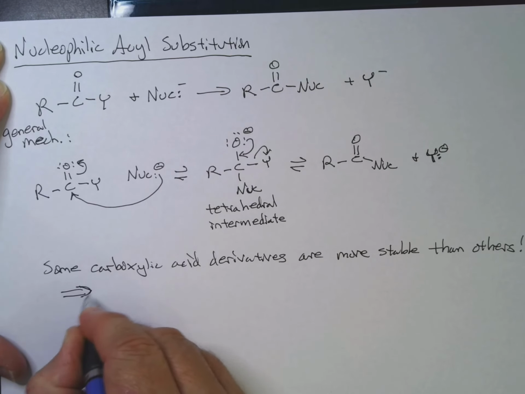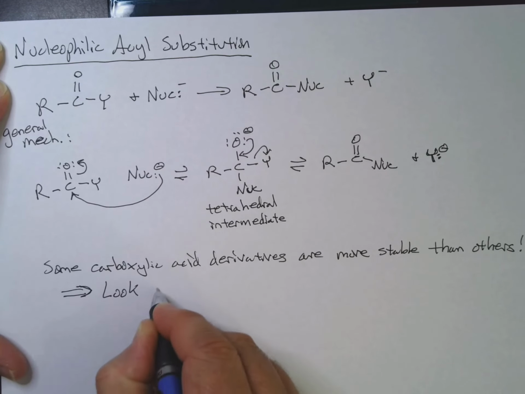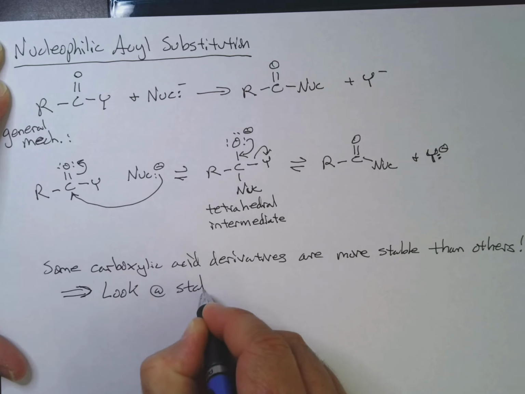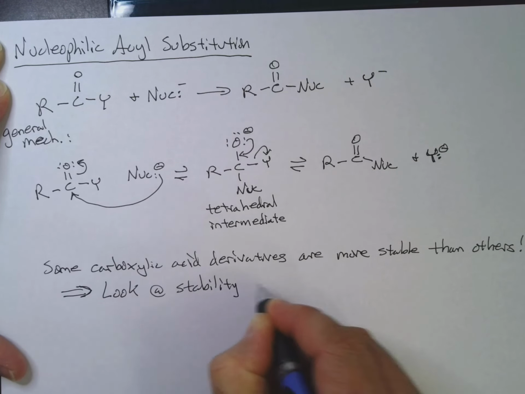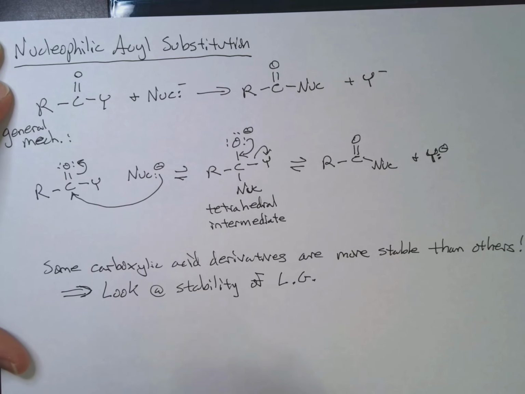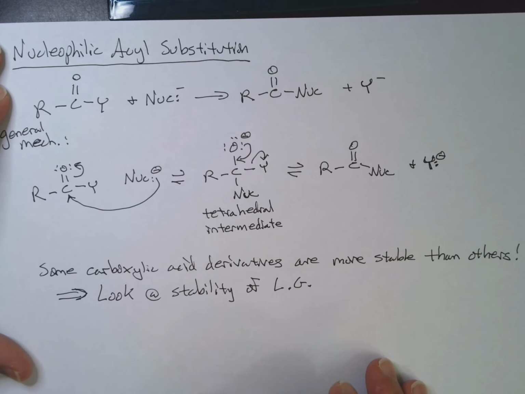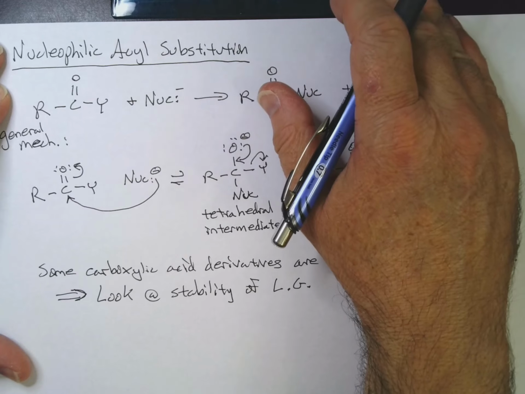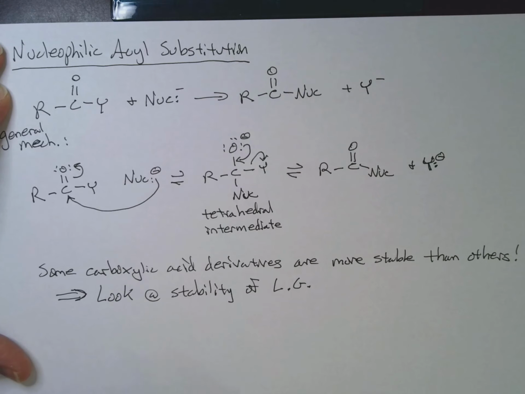In particular, we're going to look at the stability of the leaving group. So a good leaving group is going to equal a less stable or more reactive carboxylic acid derivative.